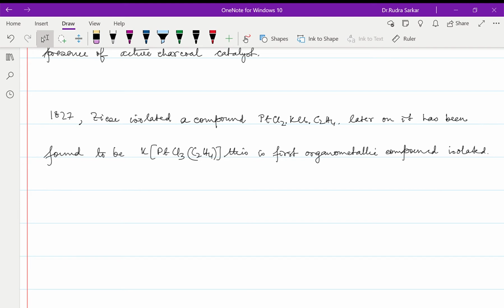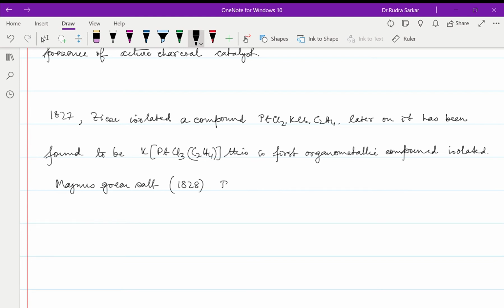And a few more salts that were isolated. This is called Magnus green salt, again isolated at around 1828.